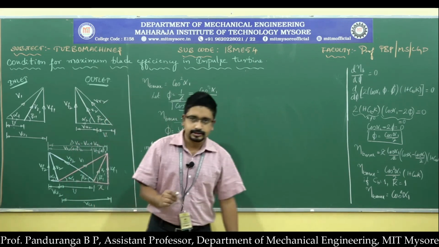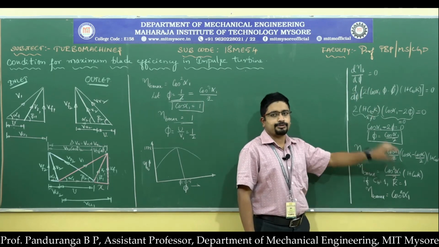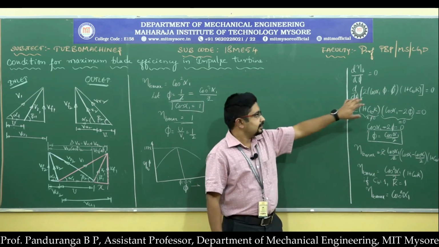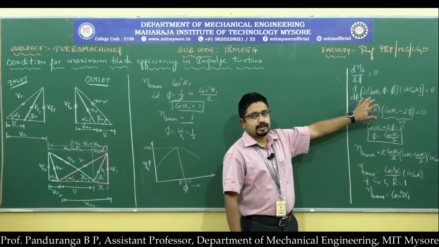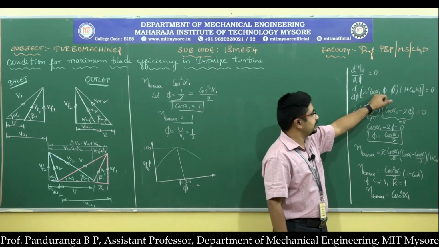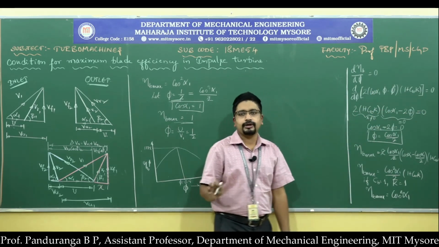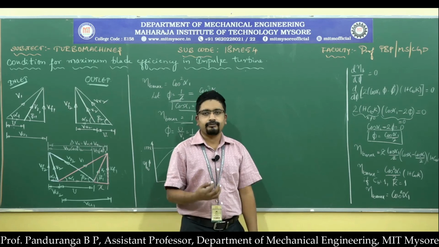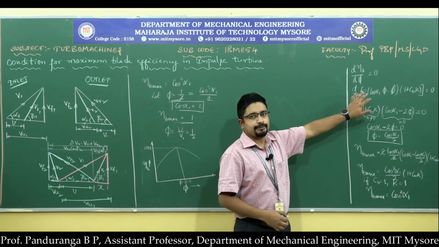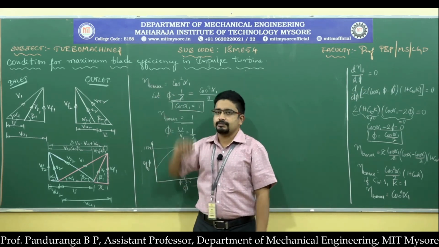And you need to remember that while finding out the condition for maximum utilization, the blade efficiency has different terms. It has alpha 1, it has phi, it has Cb and K. Although it has 4 different variables which can vary and affect the blade efficiency, I am considering phi to write the condition for maximum utilization.